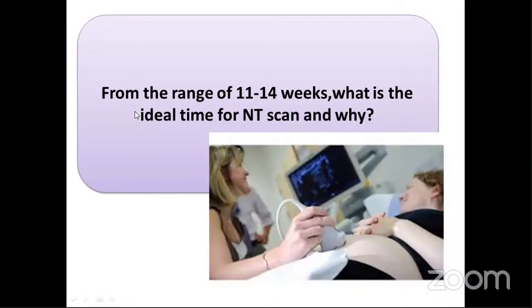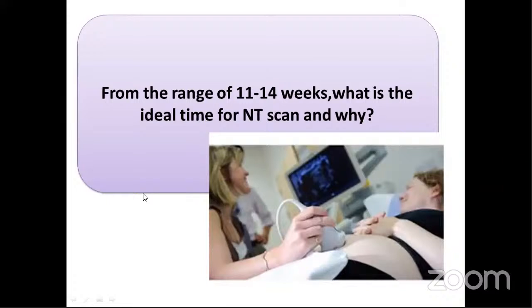So, Sachin, a very important question because this will help our obstetricians to refer the patient for the NT scan at the right time. Now, actually speaking, the NT scan is allowed to be done between 11 weeks and 13 weeks and 6 days, which corresponds to 45 millimeters and 84 millimeters of crown rump length.